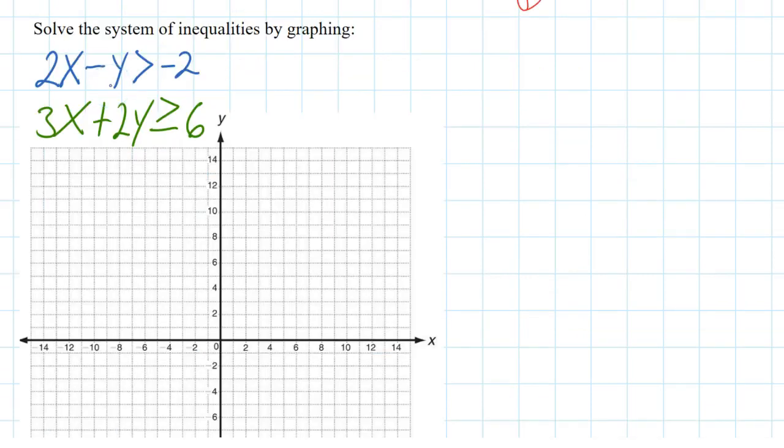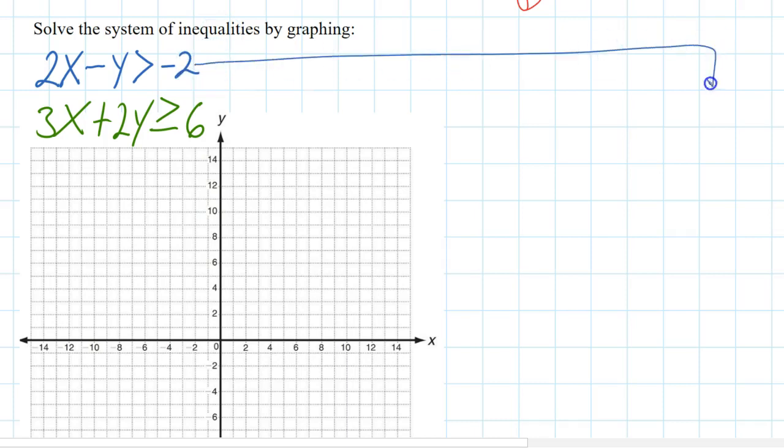For this problem, we're going to solve by graphing. First thing we need to do is put our inequality into slope-intercept form. We're going to rewrite it off to the side. Now I need to solve for y. First thing I'm going to do is subtract the 2x to the other side.